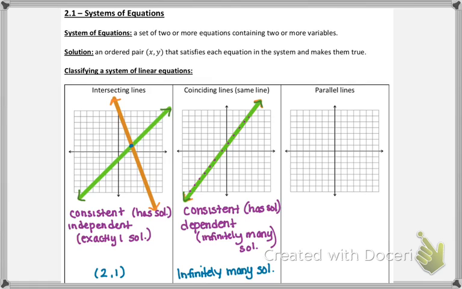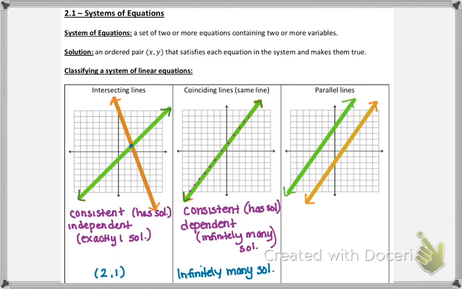And then the last scenario is you could have two lines that are parallel. So just draw any parallel lines. So they should have the same slope because we know that parallel lines have the same slope.